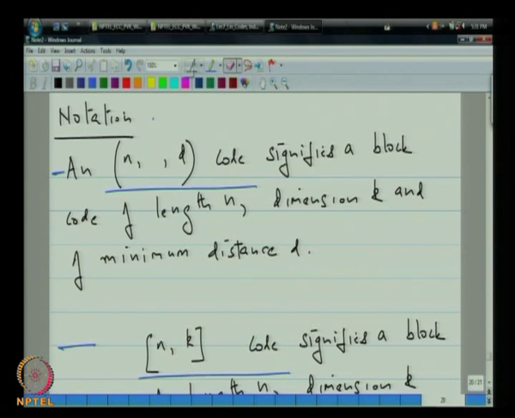What is typically used instead is the letter M, a block code of length n. Dimension does not necessarily make sense if the code is not necessarily linear, so we will say instead of size M. There is a big difference between capital M and k, because if the code is linear, then M is equal to 2 to the k.